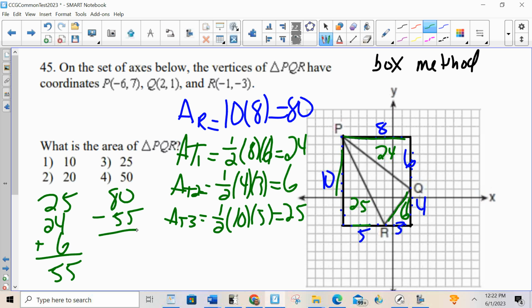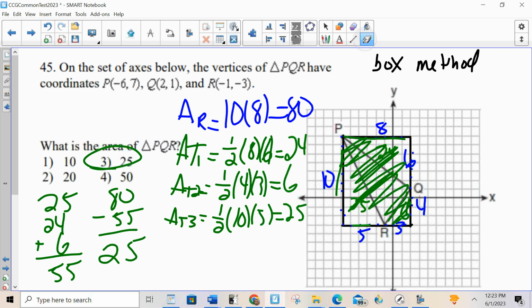Did I do something wrong? 25, 24, 6, 55, 80. No, 80 minus 55 is 25. That's your answer. Because basically, if I find the area of this whole thing, and then I take away this triangle, and that triangle, it leaves me with what I'm trying to find.